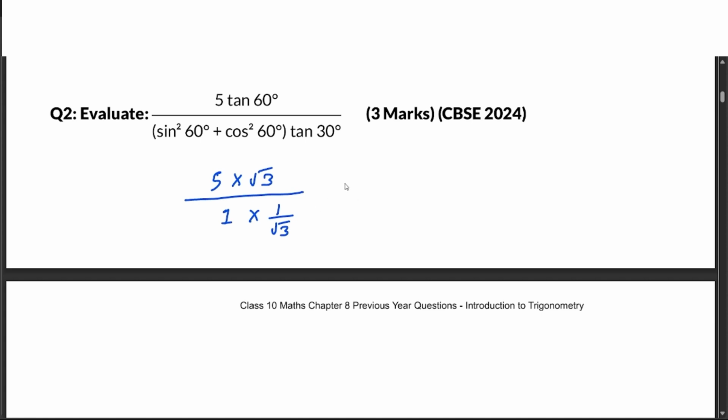Now we can solve: 5 root 3 on the numerator and 1 over root 3 on the denominator. So this root 3 will come over top, giving 5 root 3 times root 3, which is 5 times 3, so your value will be 15. Simple 3 marks question, so make sure you follow the steps.